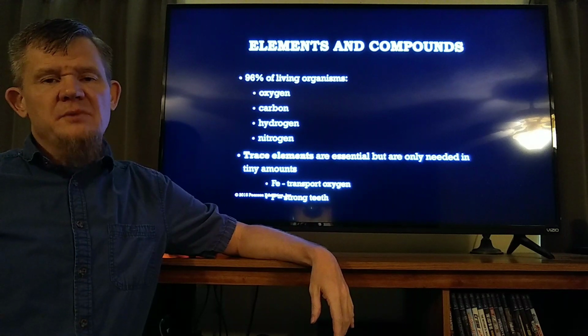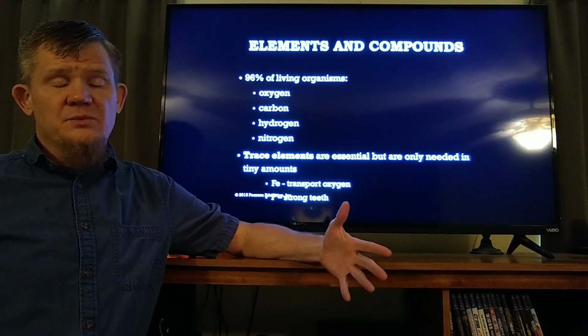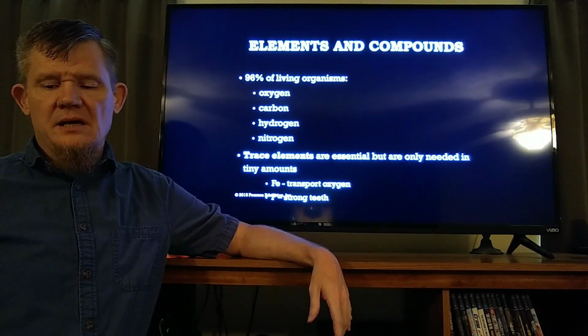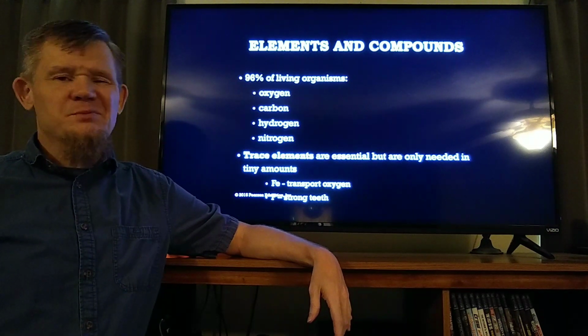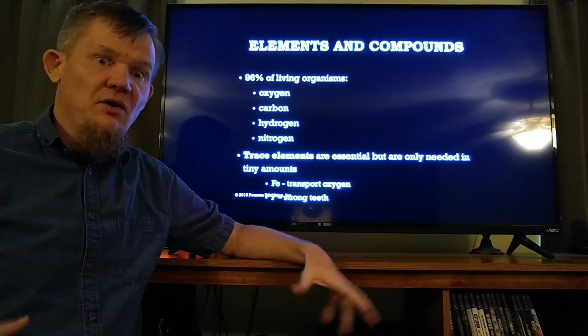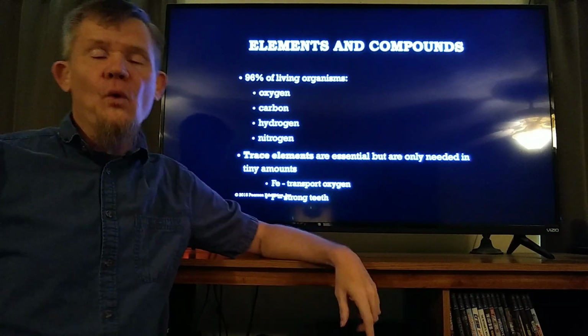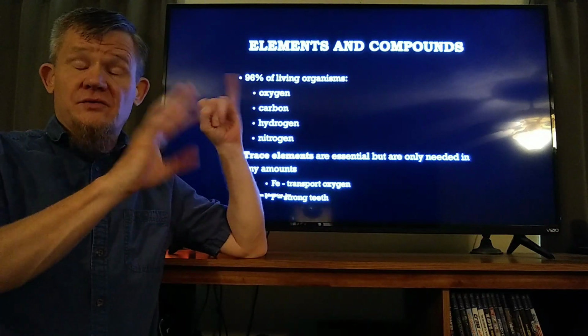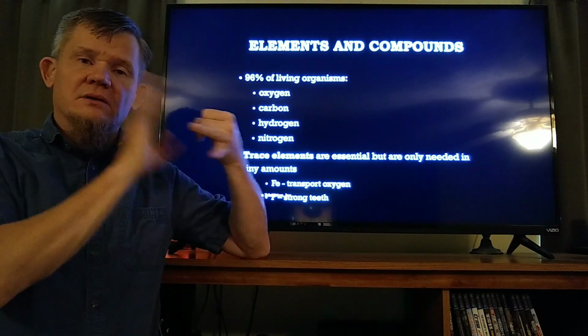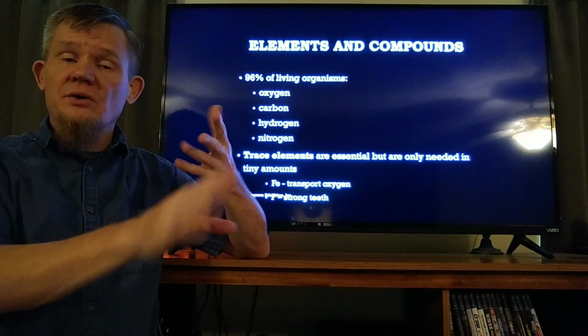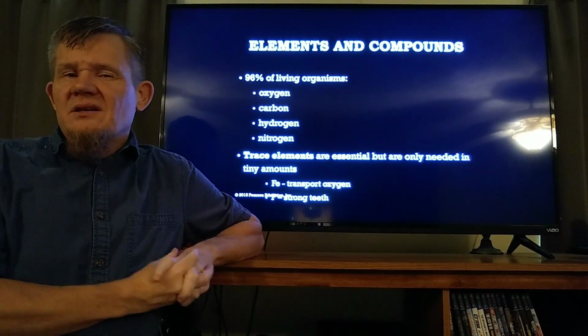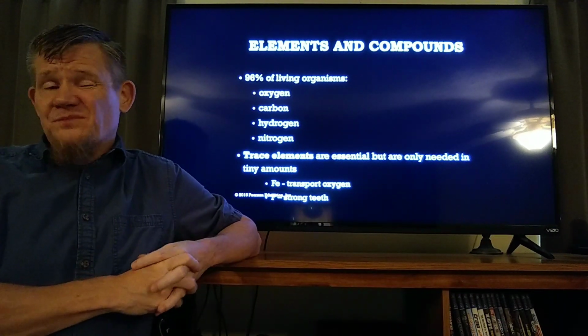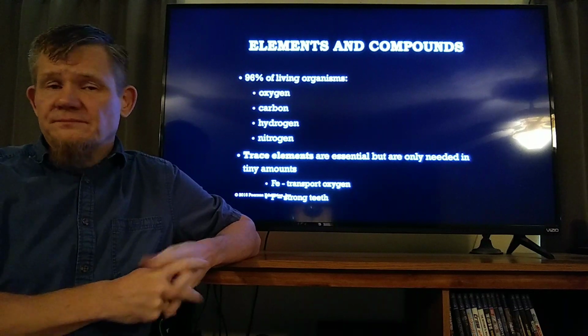Remember that compounds are made of elements. There are, as I've already said, 92 naturally occurring elements. 96% of all living things are made of these four elements: oxygen, carbon, hydrogen, and nitrogen. And we already said that you are 75% water. And what is the formula for water?